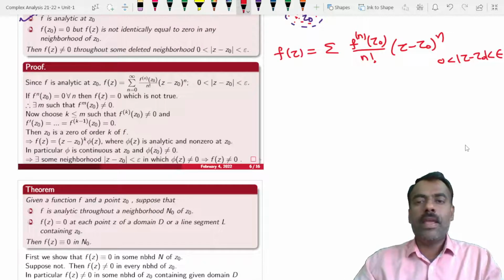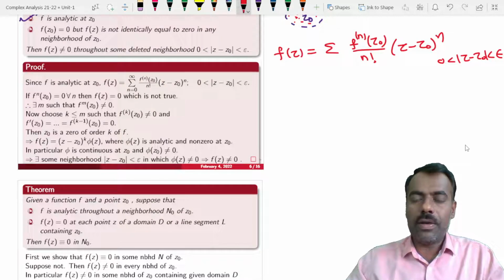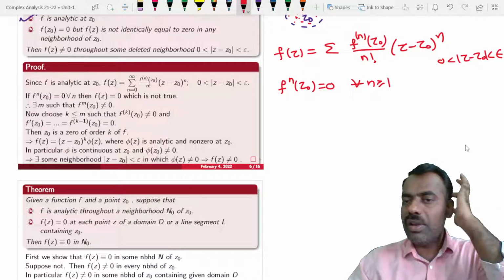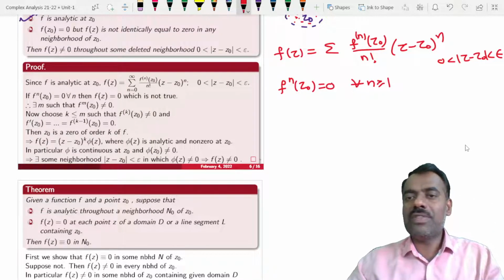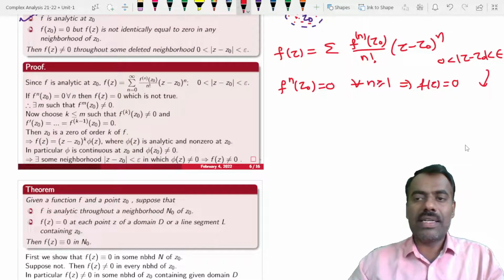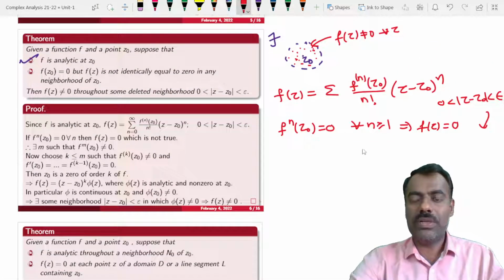Now this is very important: if at all f^(n) of z naught is equal to 0 for all n, then f of z will become 0 here. But that is not true, because we have assumed that it is not identically equal to 0 in any neighborhood.